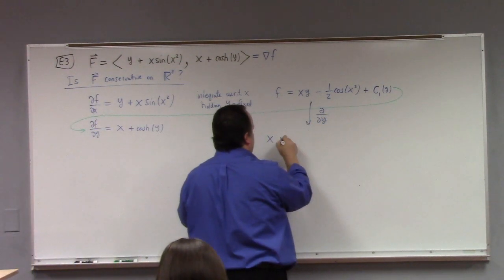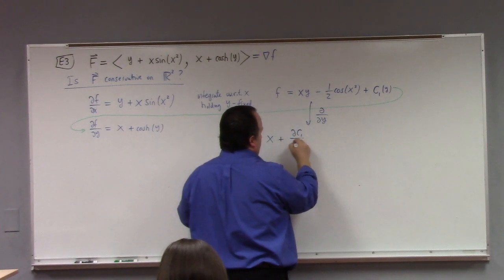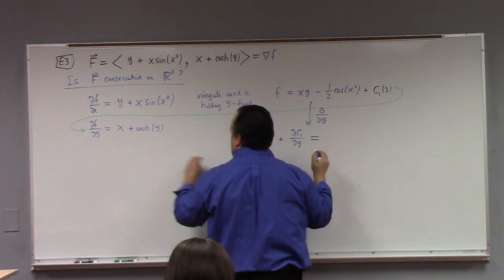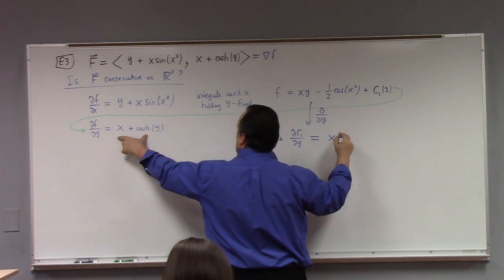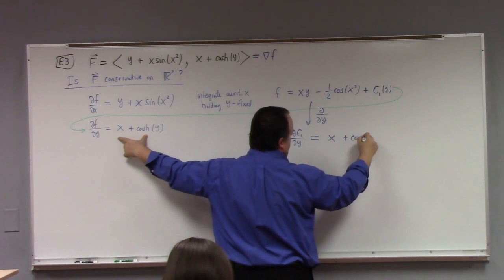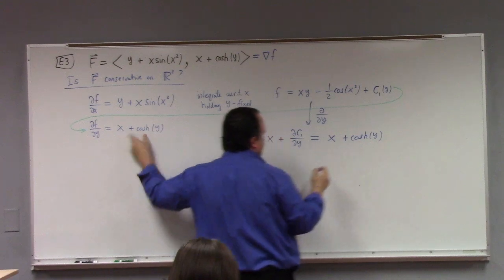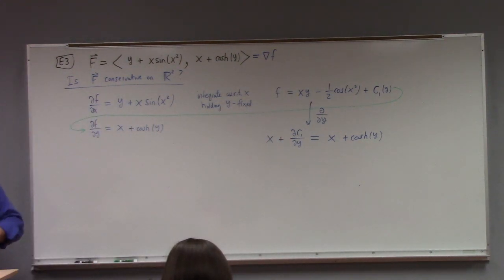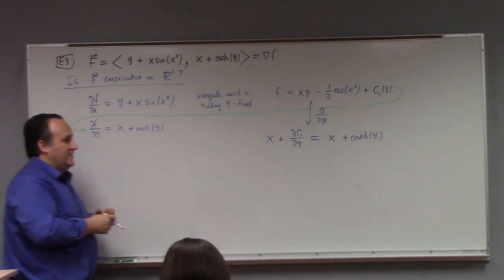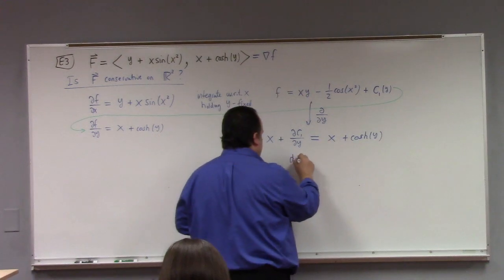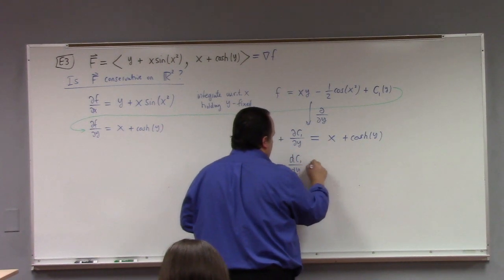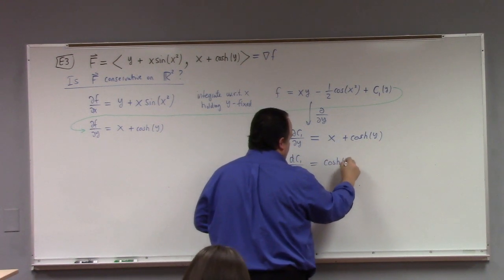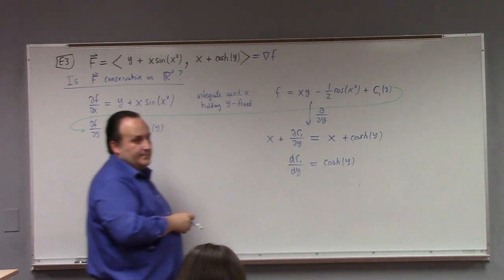And then we got plus partial c1 partial y equals x plus cosh y. But is the partial derivative notation correct here? It's not wrong, it's just not right. We could do better because really this is dc1 dy is equal to hyperbolic cosine of y.